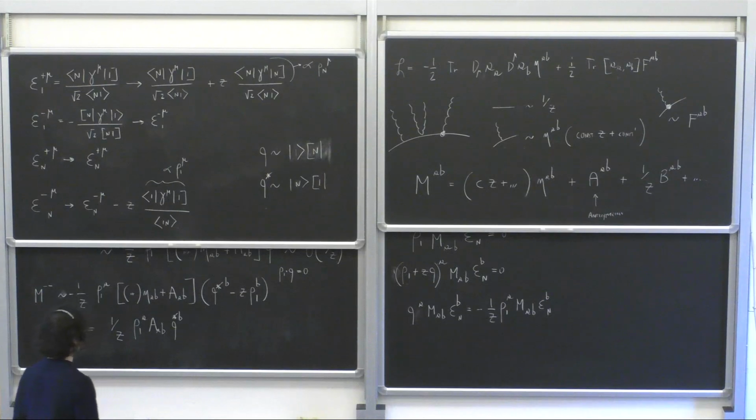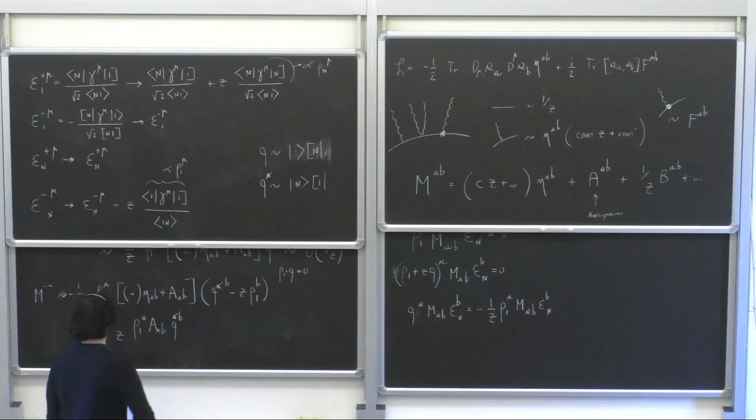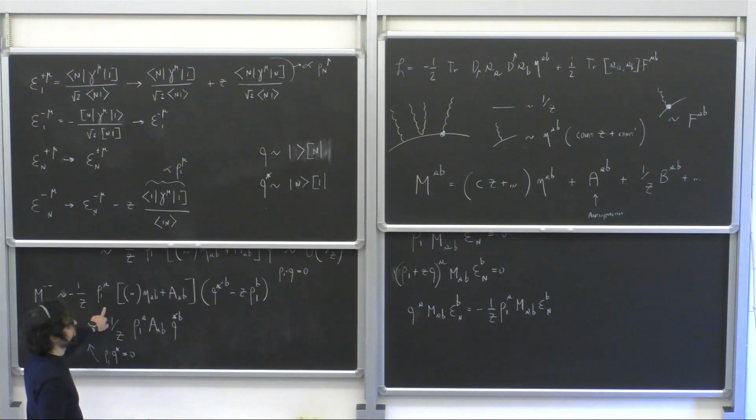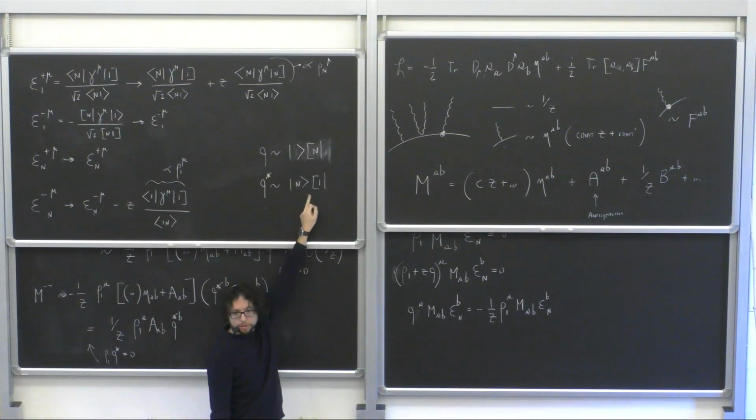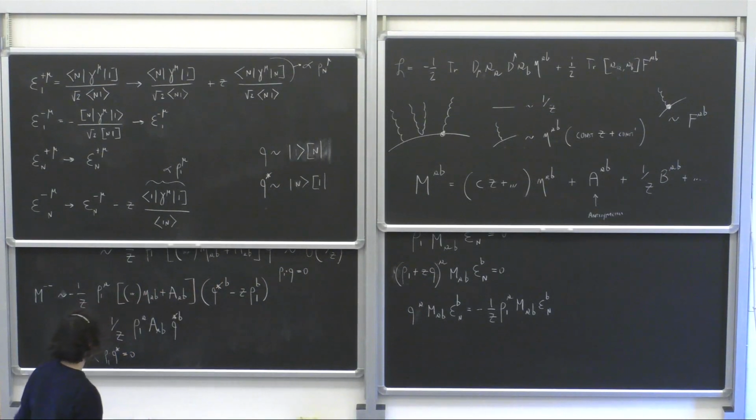And this is the consequence of a series of cancellations. Of course, you have that P1 dotted into Q complex conjugate is going to be equal to 0. This is by construction. Or if you like, because you can see that one piece of the Q star is made by the 1 angle spinor.